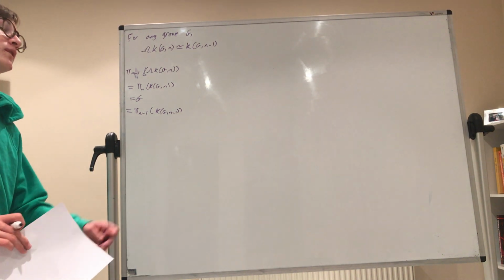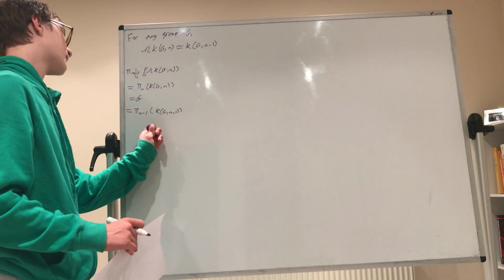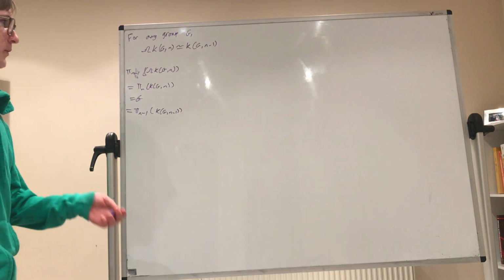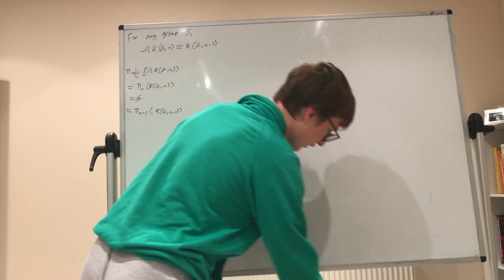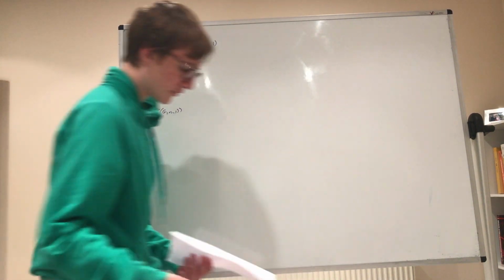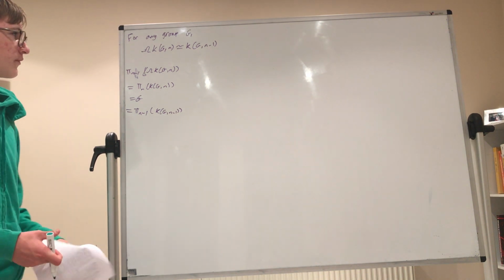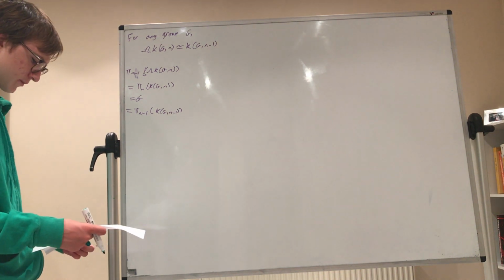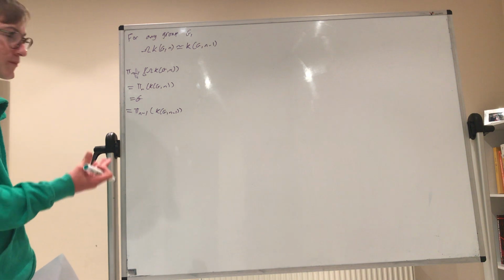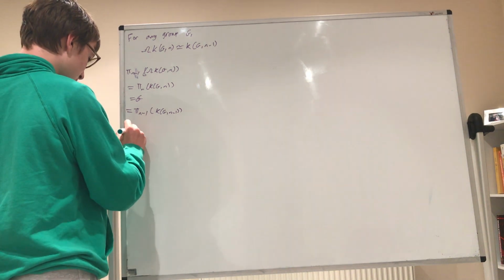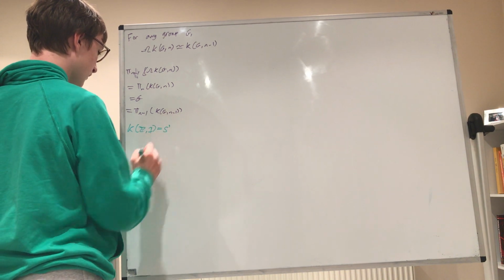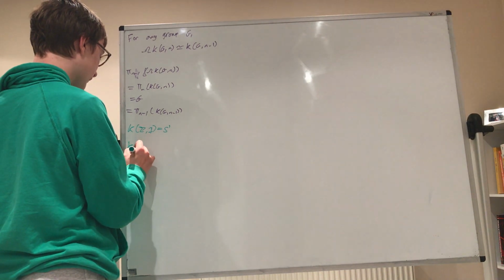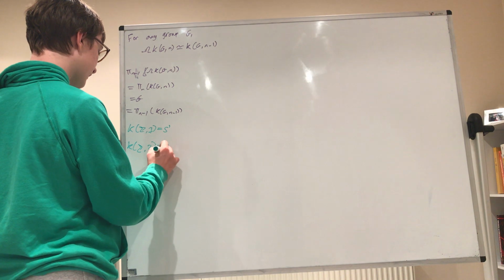And of course, all of the other homotopy groups will be trivial by definition. But also, what is fun about this? Oh yeah, remember that K(Z, 1) is the circle, and K(Z, 2) is CP infinity.